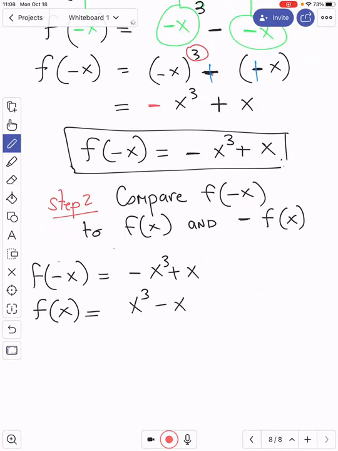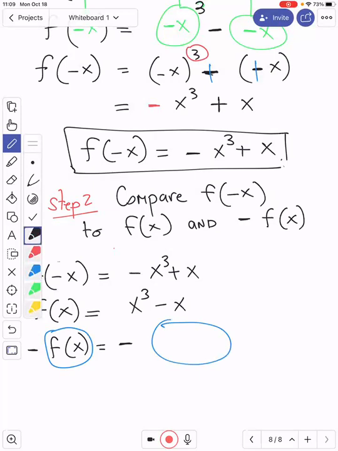Now, what's minus f of x? There'll be a minus, and it's minus the whole function f, not just the first term of the function f. So minus my function f, which is x cubed minus x. Again, you think of the circle as parentheses.